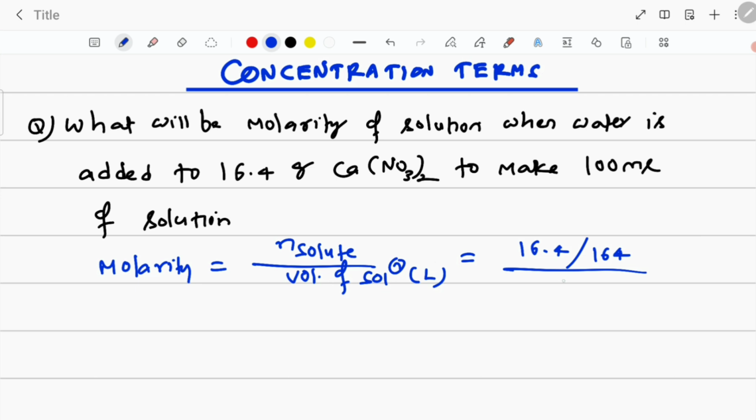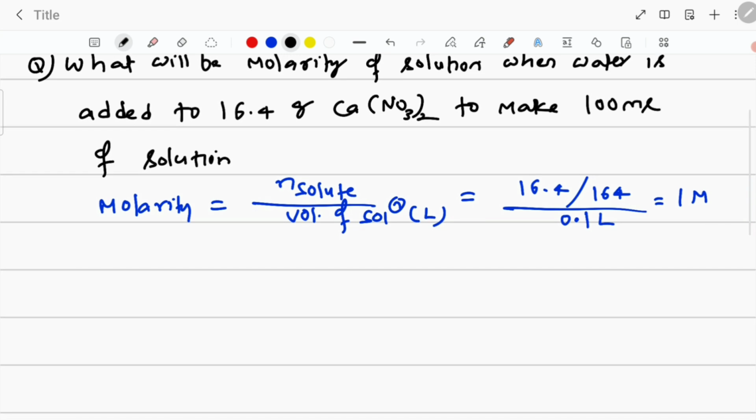By volume of solution, how much is given? 100 ml is given, which is equal to 0.1 liters. On overall calculation, you will get 1 molar. You can write capital M or 1 molar. Both are the same.